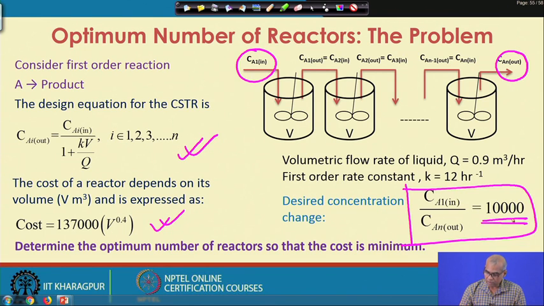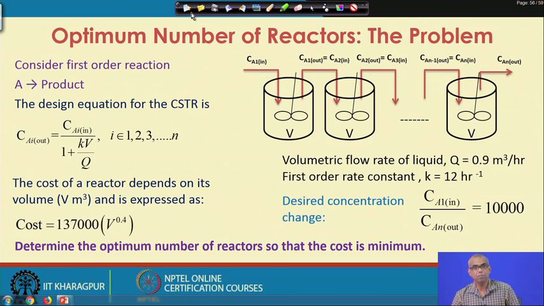So, we want that if we have n number of CSTRs in series, the concentration of A in the outlet stream will be 1 by 10,000 of the inlet concentration of A into CSTR1. So, this is my desired concentration change. I have to find out the optimum number of reactors in the train so that the cost is minimum.